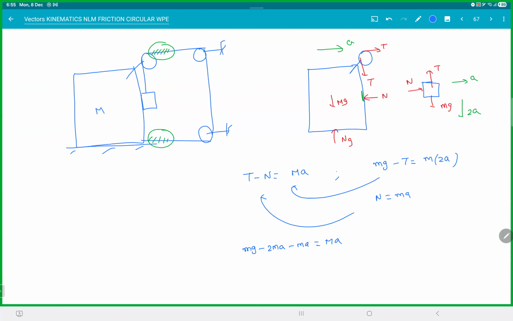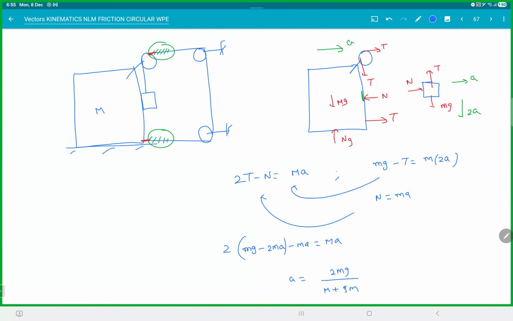Something I missed, I guess. There is one more tension here, I forgot. There is one string also attached here. So this guy will be 2T minus N. So A will be 2mg by M plus 5 small m. That's your acceleration.